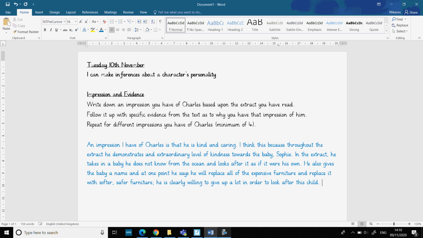Okay, so these are some of the reasons I think he's a kind and caring character. Another reason: when Sophie has an accident on Hamlet, I'll put accident in inverted commas, we all know what an accident is, when Sophie has an accident on Hamlet, his book, he doesn't mind.